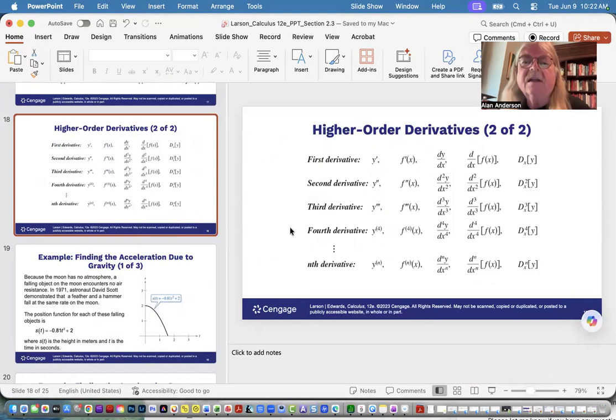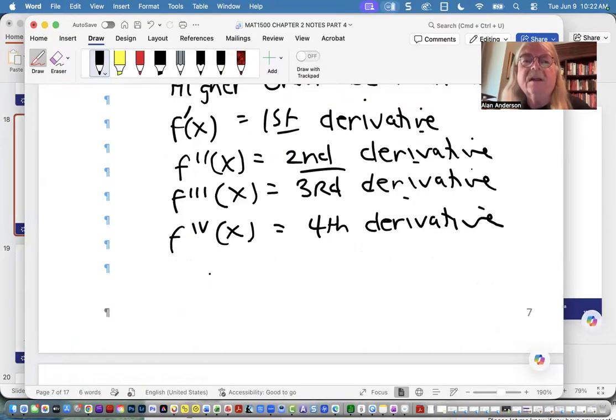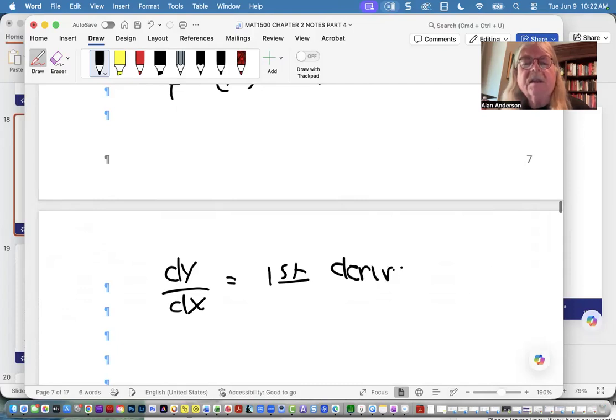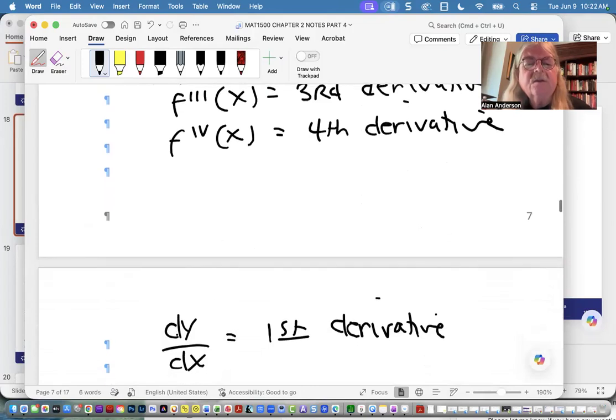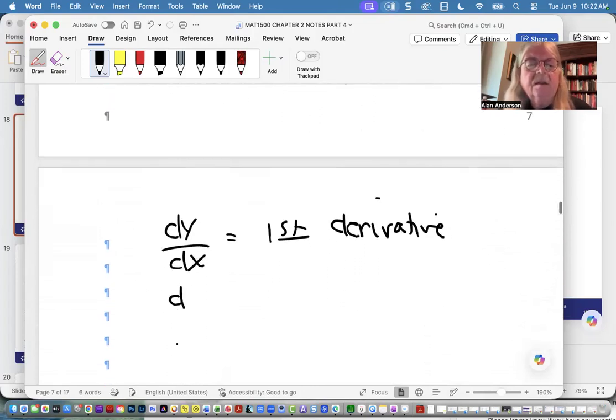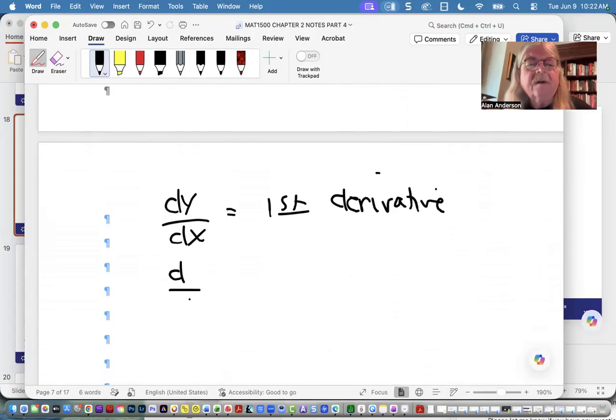And then the corresponding ones, you also have the dy dx. Now, the dy dx's are a little bit confusing because of the way we place the exponents. So the second derivative is actually the derivative of the first derivative.